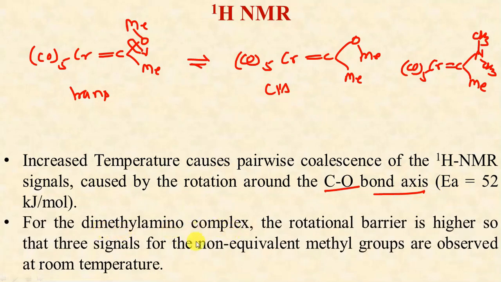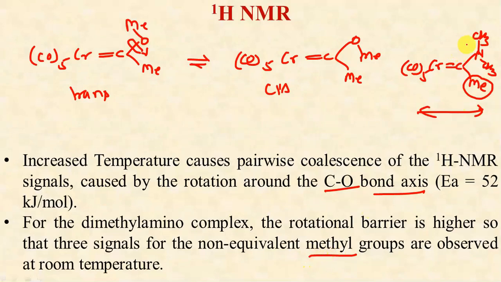For the dimethylamino complex, the second one which we have shown here, the rotation barrier is very high because of the presence of these two bulky groups. Only three signals for non-equivalent methyl substituents. Now, what are the non-equivalents? These are the non-equivalent methyl substituents. We observe only three signals for these non-equivalent methyl substituents at room temperature.